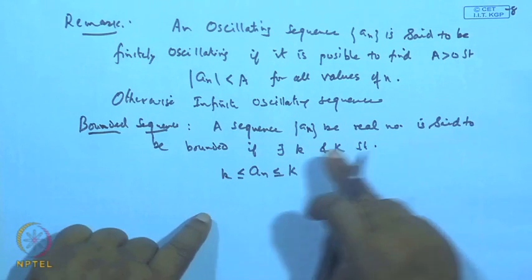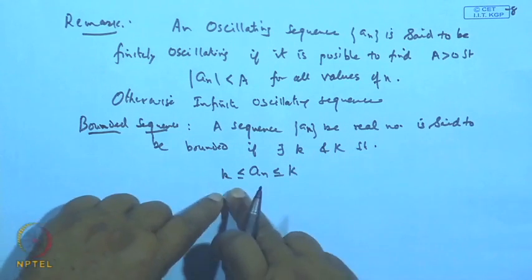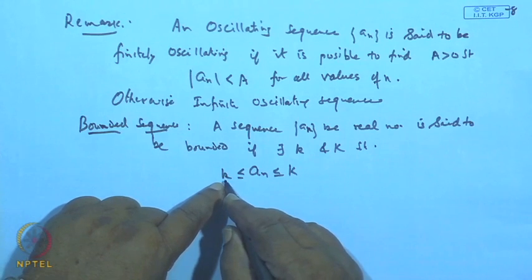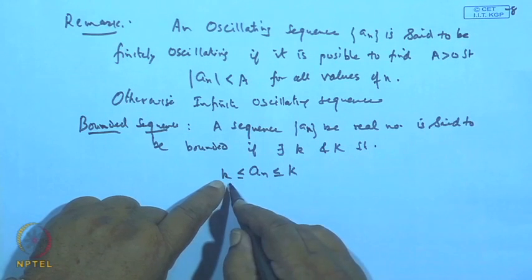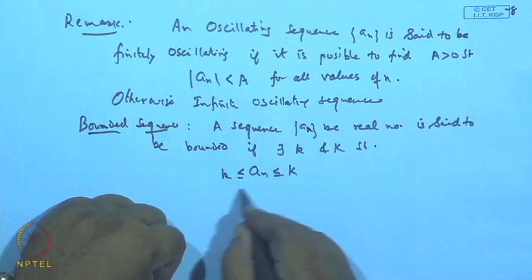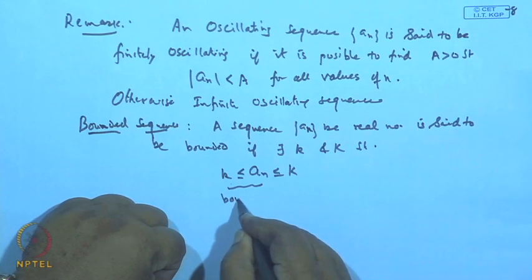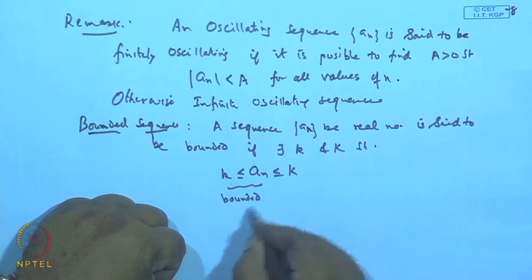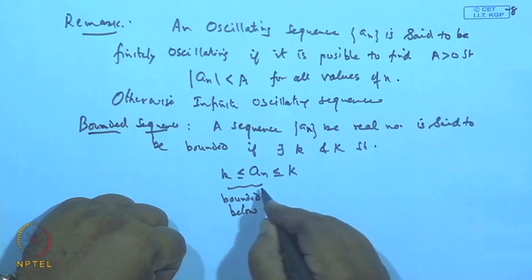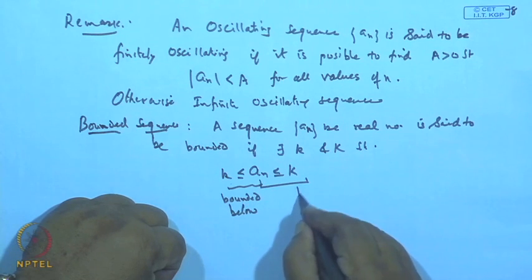Okay. So, a sequence a n is said to be bounded below if there is a small k such that all the terms of the sequence are greater than or equal to k, then this will give the bounded below, while this thing will give bounded above.